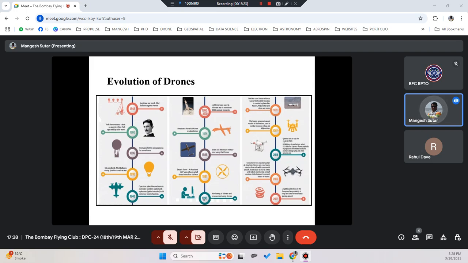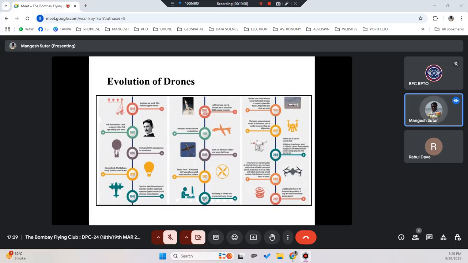Then the US government adopted the drone segment and set up drone rules. In parallel, around 2015, DJI also came into the picture and started focusing more on drones. Then you saw the Phantom drones and Mavic drones come into the picture around the same time, 2014 to 2016. By 2017, a lot of issues were raised by different people across the globe.